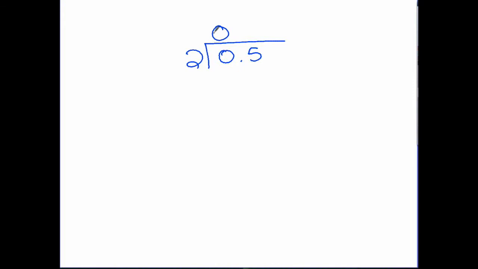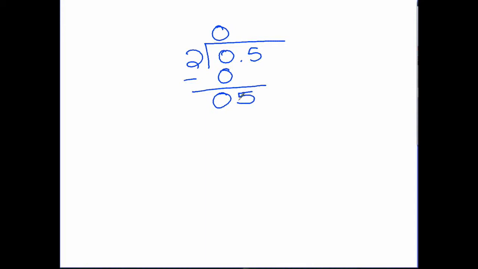What do I do? Bring down the 5. But first, I have to check. Is 0 bigger than 2? No. Bring down the 5.